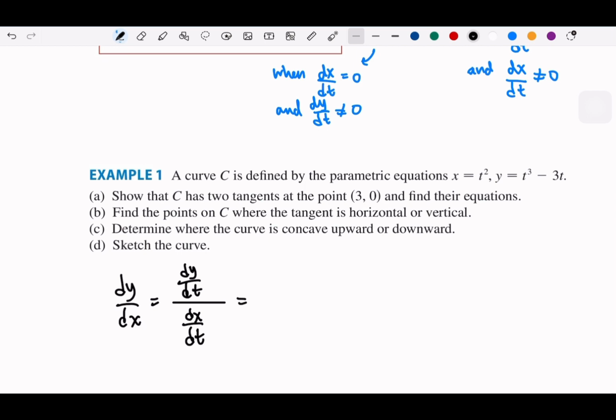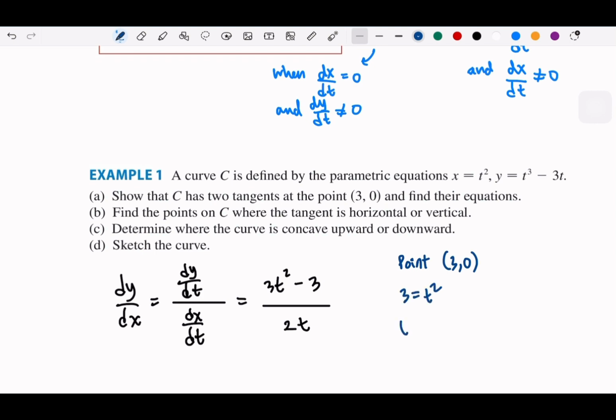We have y equals t cubed, so t cubed becomes 3t squared, minus 3 over 2t. Oh, I forgot, we just need to start from the point. So let's say the point (3, 0). It means that x is 3, so 3 is t squared, which means t is plus or minus the square root of 3.